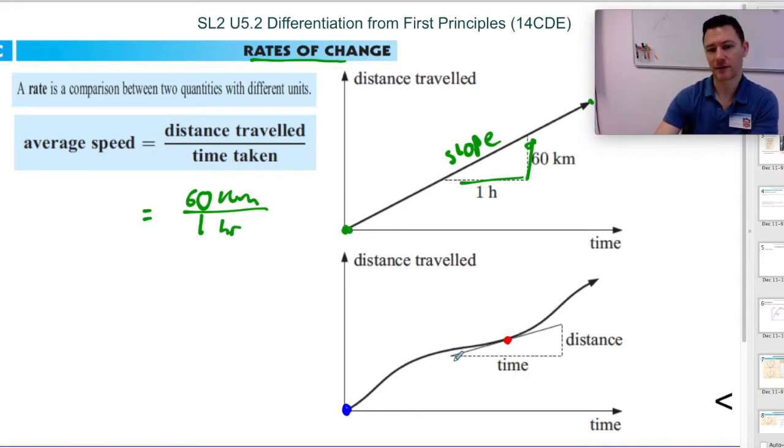That's kind of what your speedometer does, figure out how fast you're going at any one time. Even though there's no straight line here, you can pick a point that you're interested in at time t, and make a slope there.